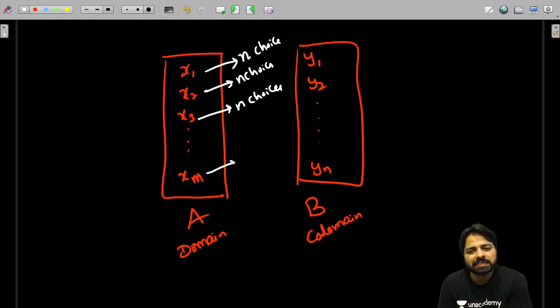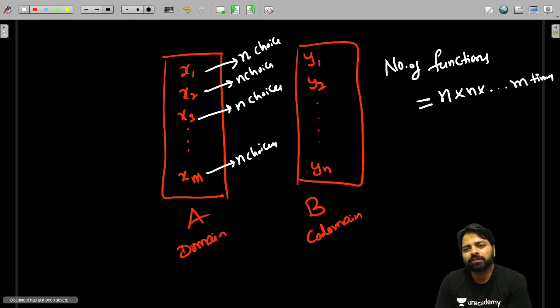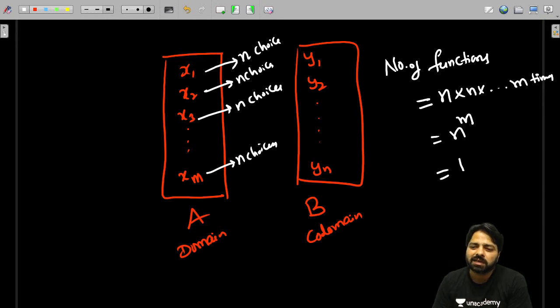So each has n choices, and you are going to multiply. I'm asking how many functions you can design. n multiplied with n, how many times? m times, which is equal to n power m, which is the size of codomain power size of domain.